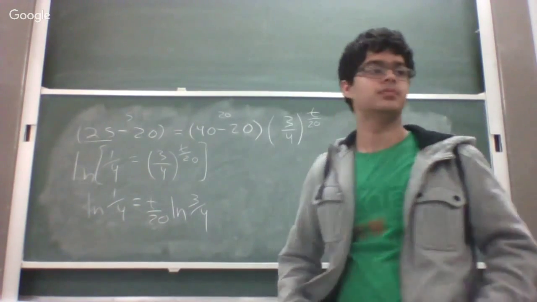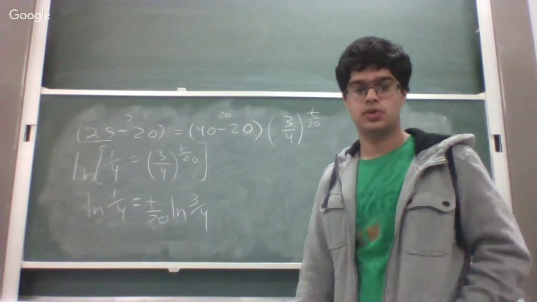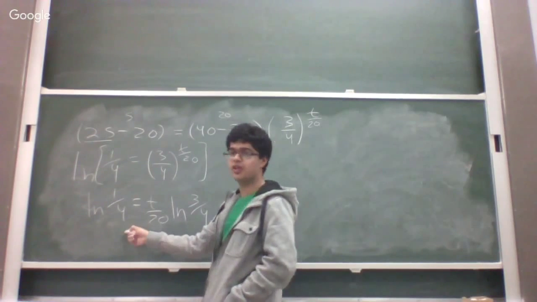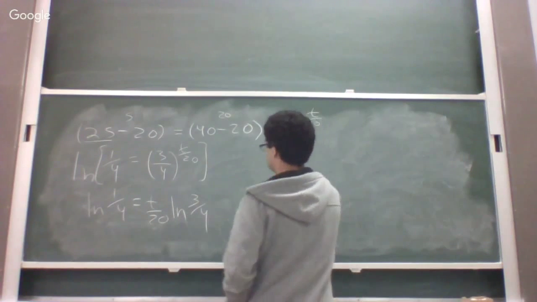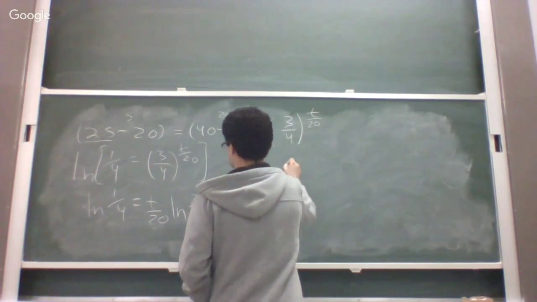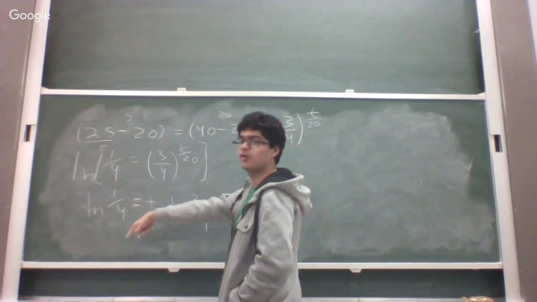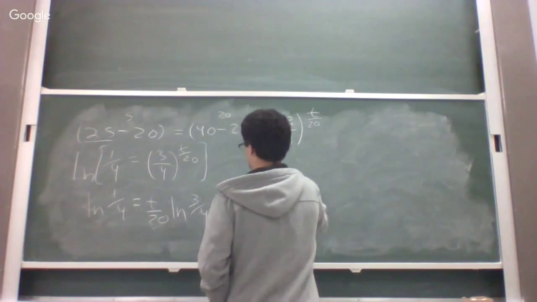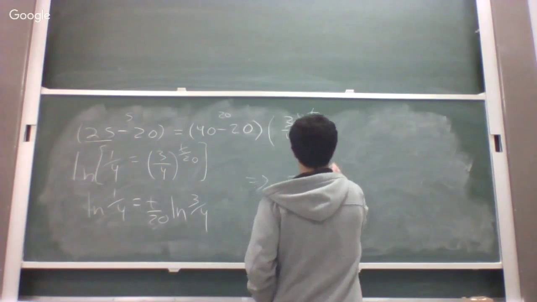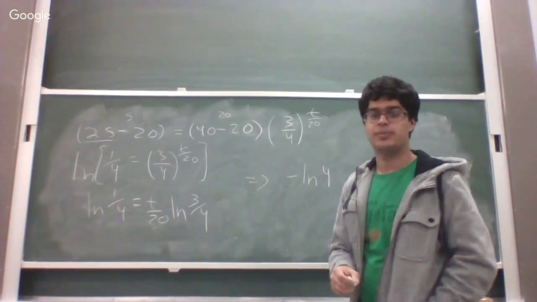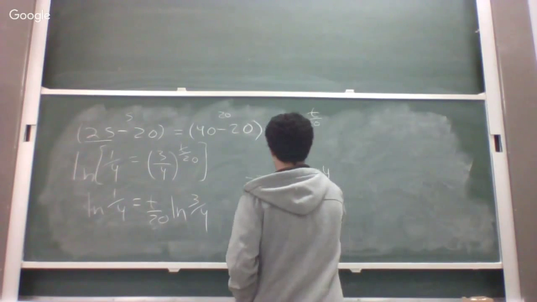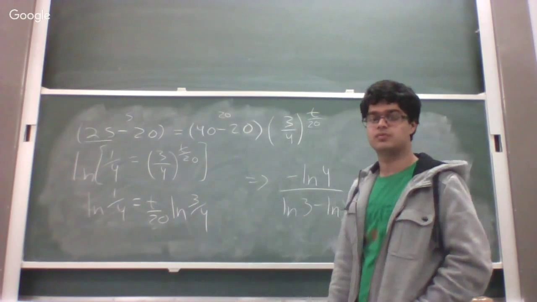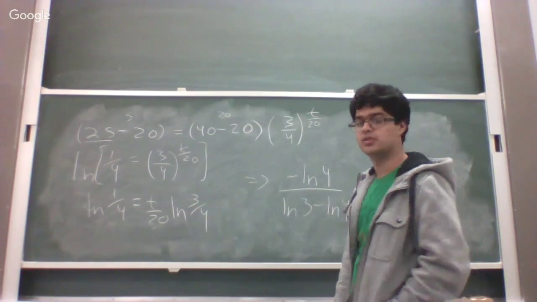So now we have, this is minus natural log of 4. Natural log of 1/4 is negative natural log of 4, divided by natural log of 3 minus natural log of 4, times 20 equals t.